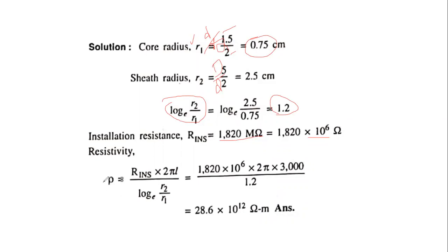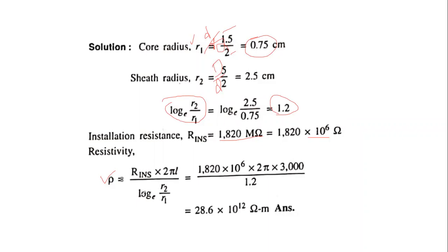specific resistance. By using the resistance formula, R is equal to rho by 2 pi L into log e R2 by R1, we calculate the specific resistance rho. Therefore rho is equal to R insulation into 2 pi L by log e R2 by R1.